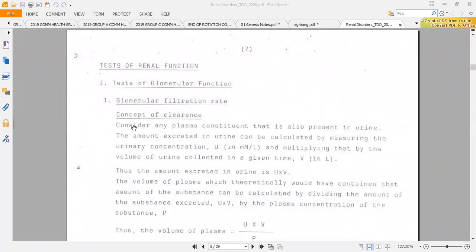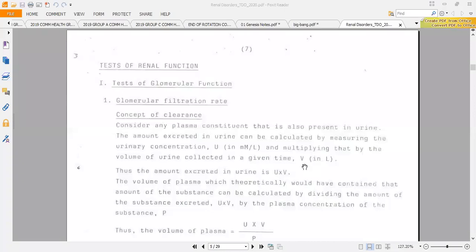So let me read this part for you. Consider any plasma constituents, or let's assume any drug, and that drug is or can be passed into the urine. If you want to know the exact amount of drug that has been passed into the urine, just multiply the urinary concentration, which is U, times the volume that you collected within that period of hours.